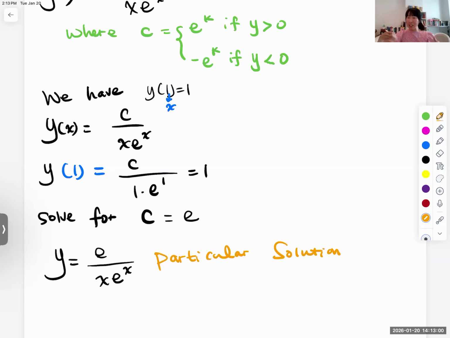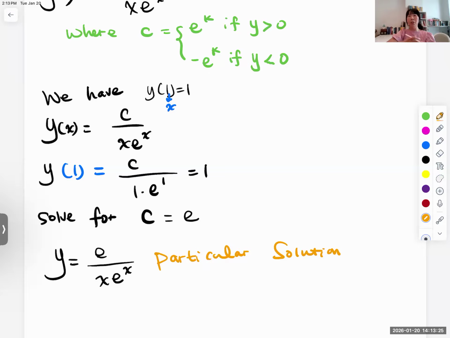Then we can find the antiderivative, which is how we can find y, right? Then given the initial condition, we can find the particular solution by finding such a c. Make sense?